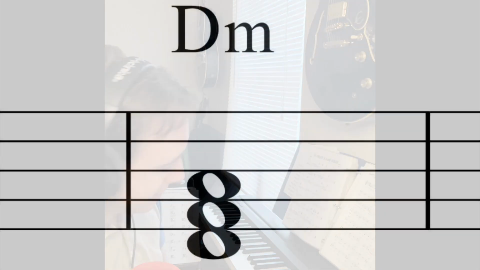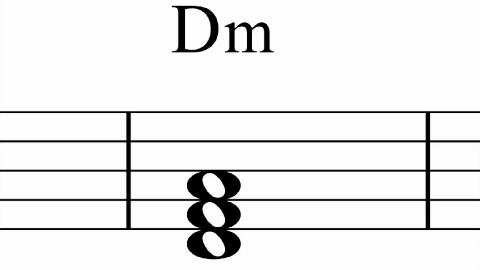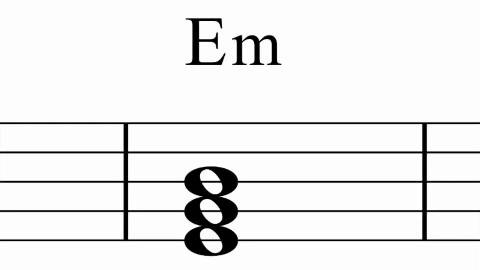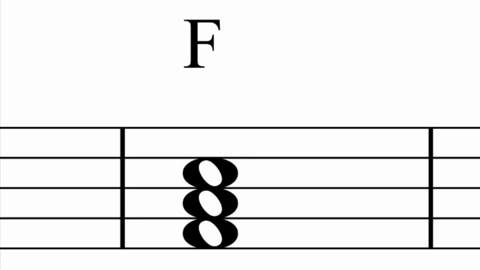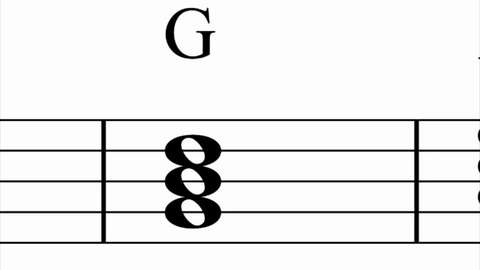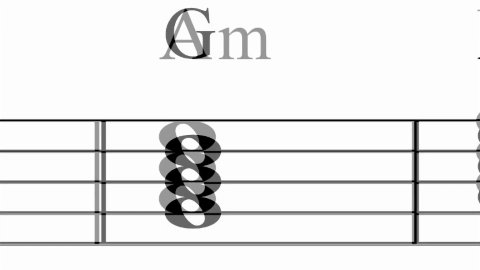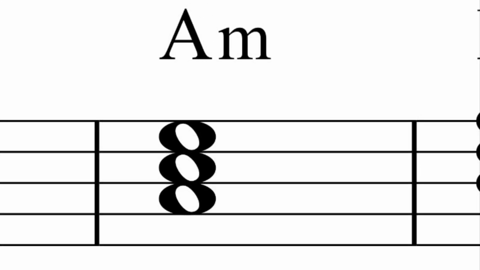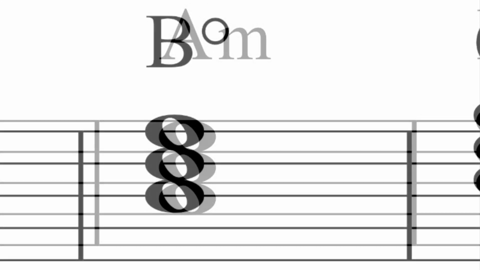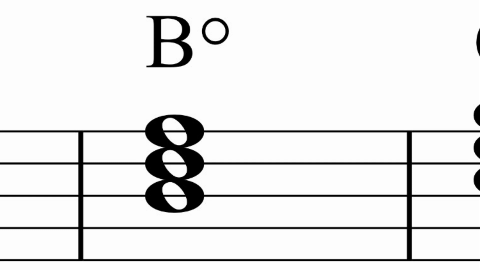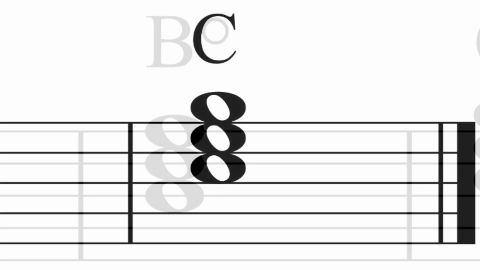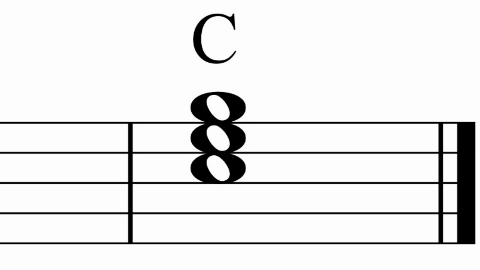If we continue this process with the rest of our scale, we get D, F, and A, D minor, E, G, and B, E minor, F, A, and C, F major, G, B, and D, G major, A, C, and E, A minor, B, D, and F, B diminished, and finally we're back to C, E, and G, C major.